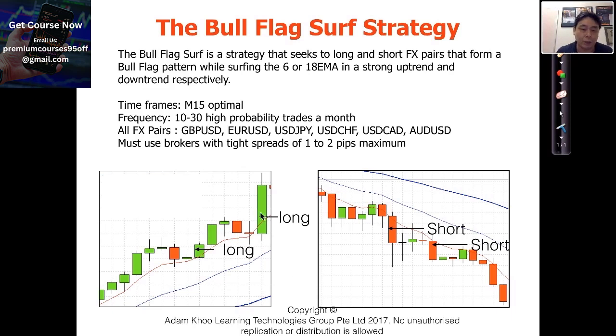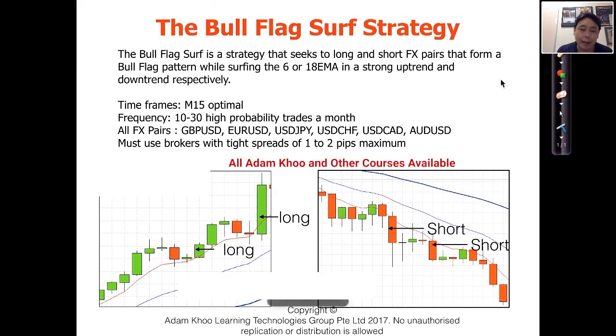Take a look at this chart on the left, okay? So you can see that at this point of time, again, it doesn't happen all the time. It happens during pockets of time. So you have to look out for those pockets of time, right? So during this particular time period, you can see that the currency pair was kind of like surfing this red line, okay? Can you see this red line now? That red line is a 6 exponential moving average.